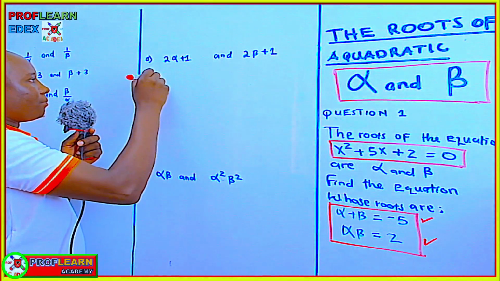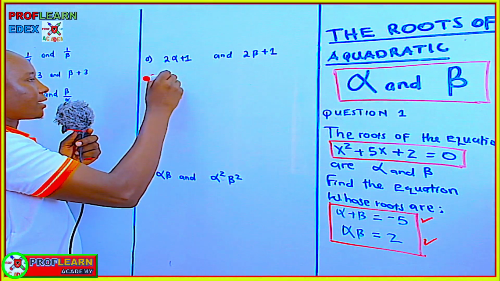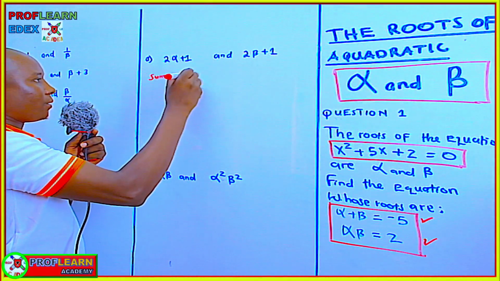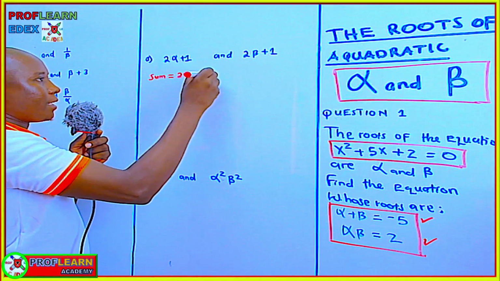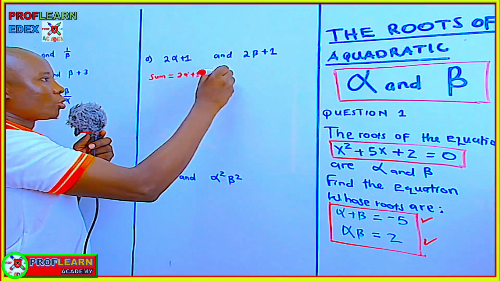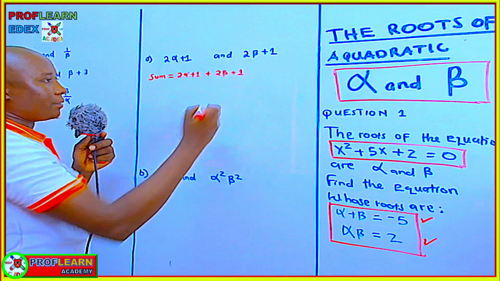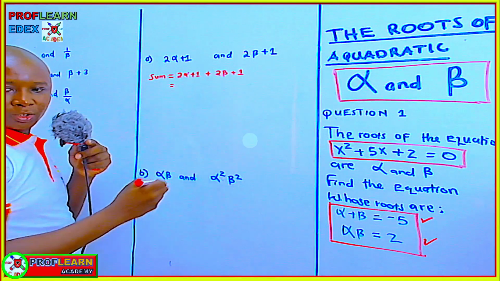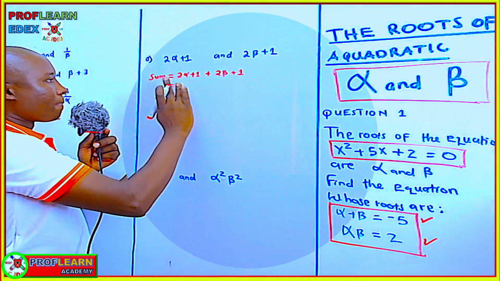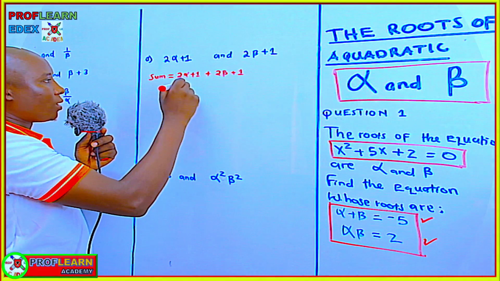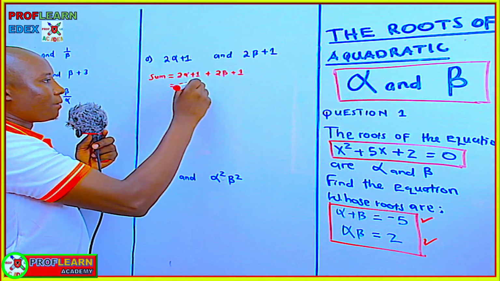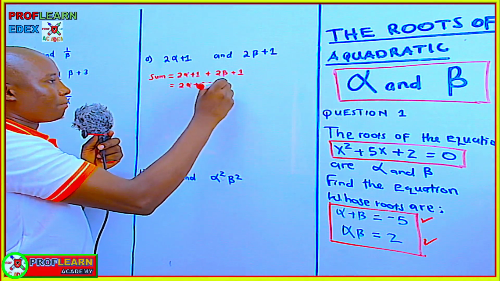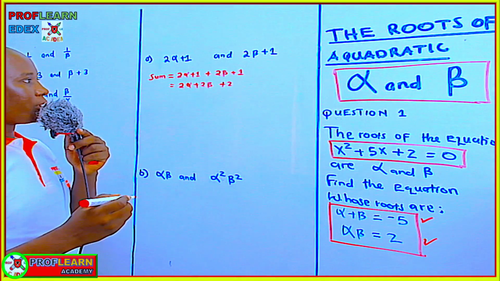So the sum of the new roots will be 2 alpha plus 1, then plus 2 beta plus 1. If we combine these two, we are going to have 2 alpha plus 2 beta plus 2. So what is it going to reduce to?